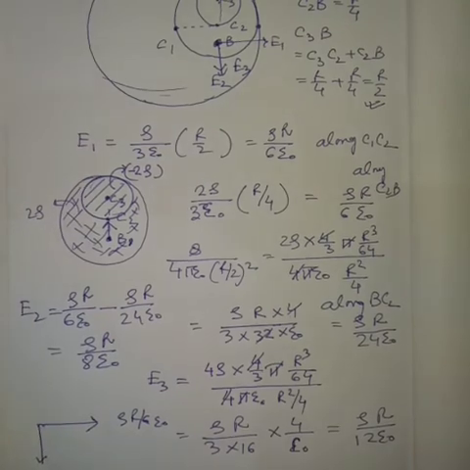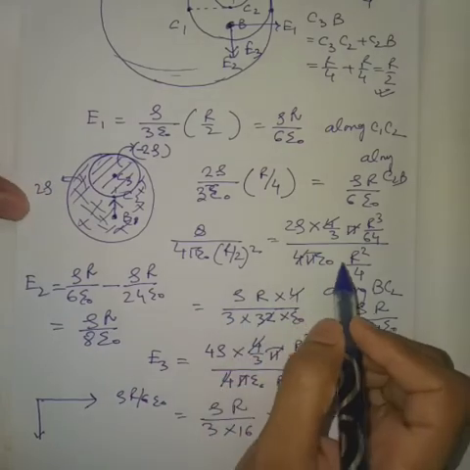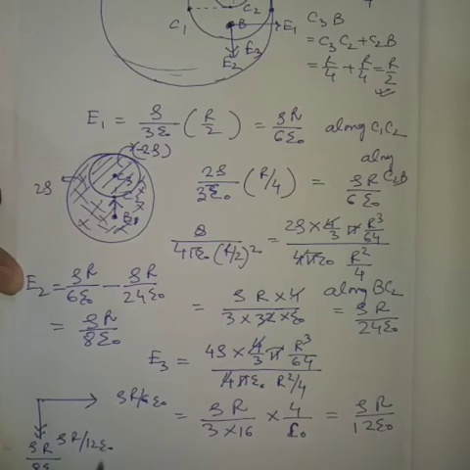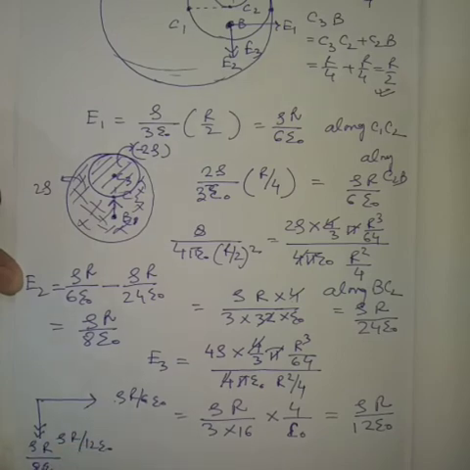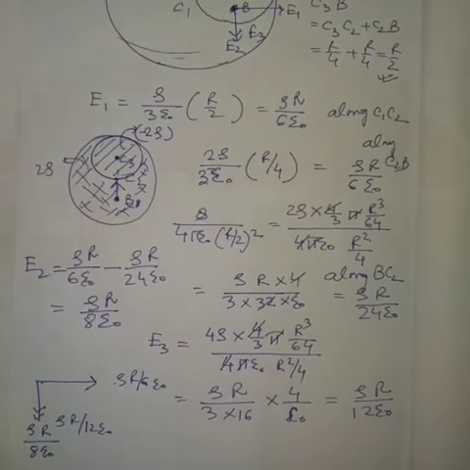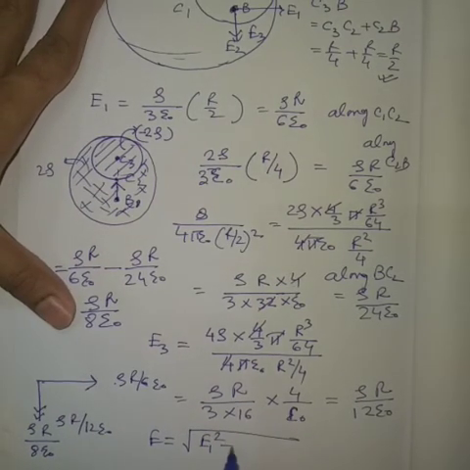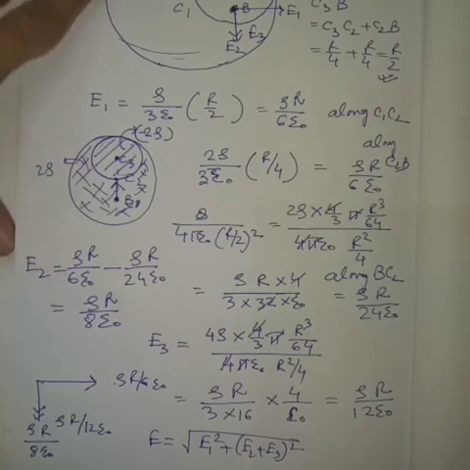E2, this field is given here, rho R by 8 epsilon naught, and E3, this is in this direction, rho R by 12 epsilon naught. This is E1, this is E2, this is E3. Therefore, the net field E will be same as previous, E1 square plus E2 plus E3 whole square. This will be the answer.